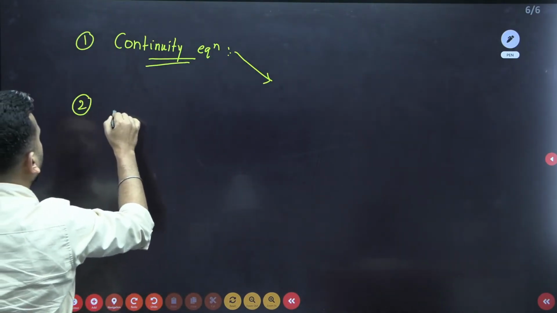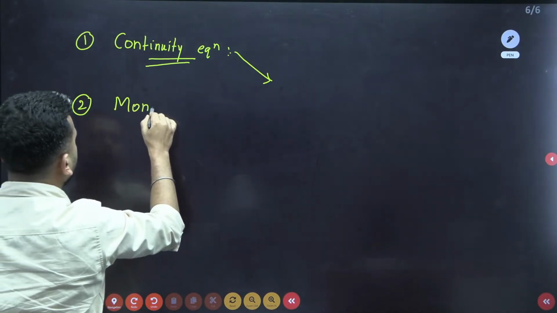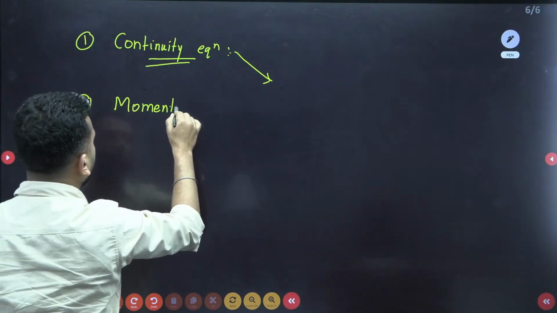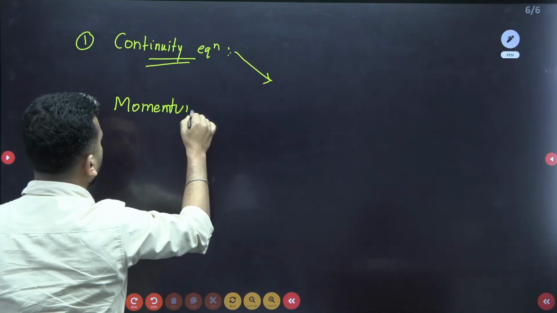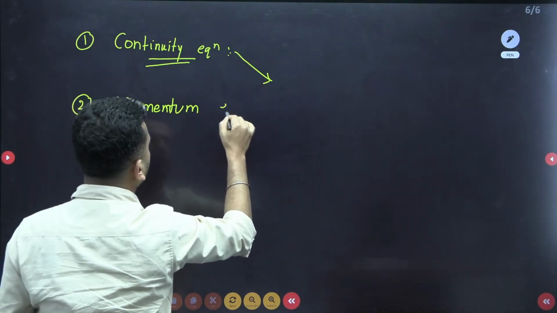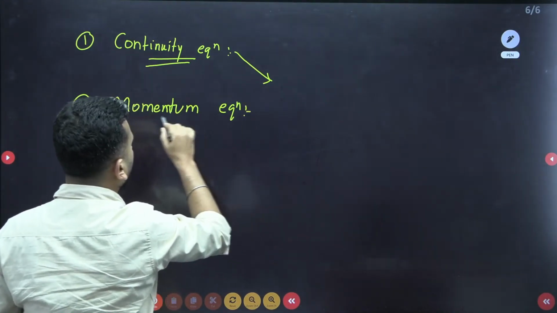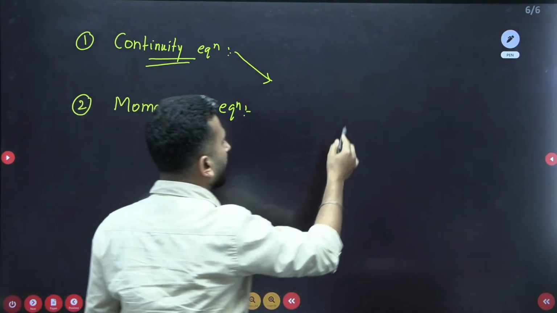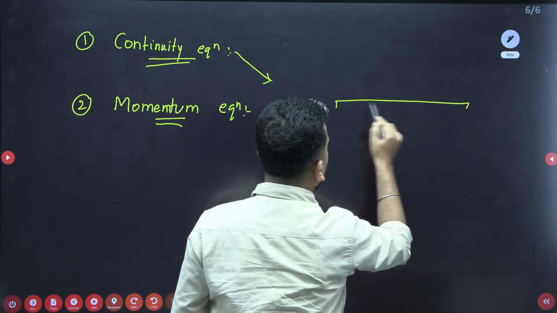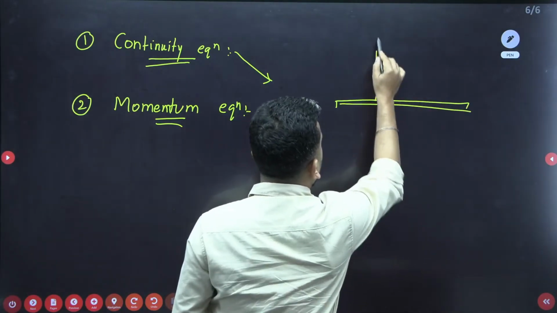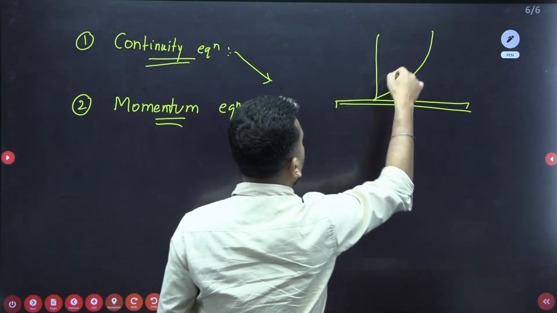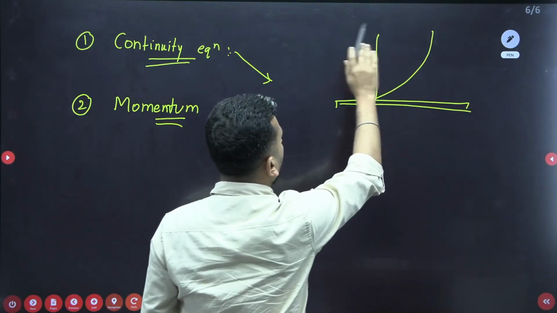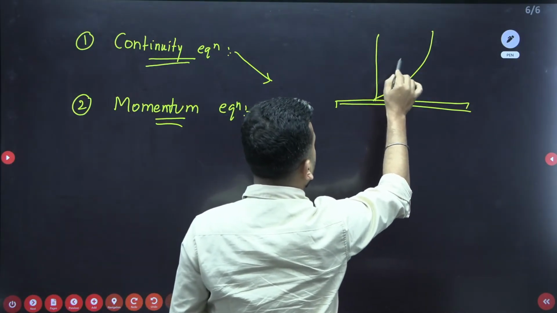Second is the momentum conservation equation. Now where are we applying this? This is a flat plate. Let us say this is the boundary layer, laminar region.